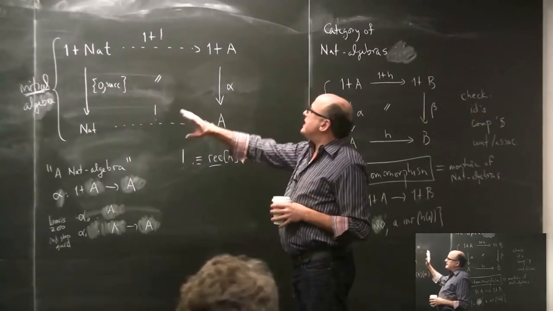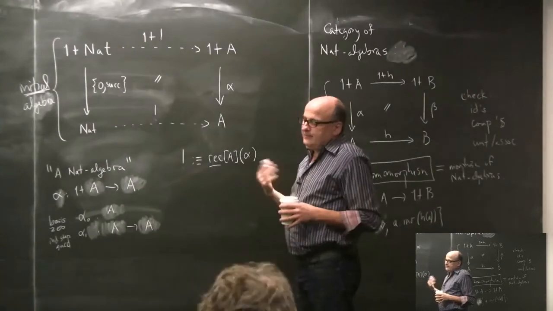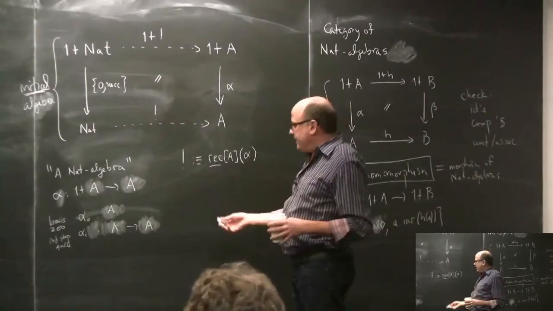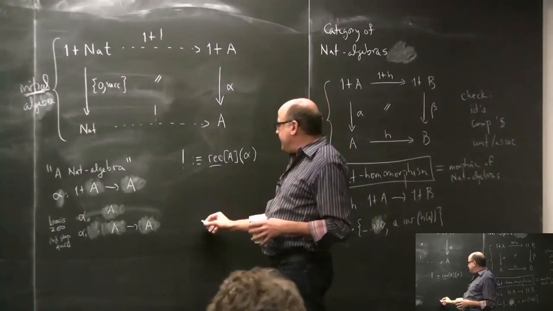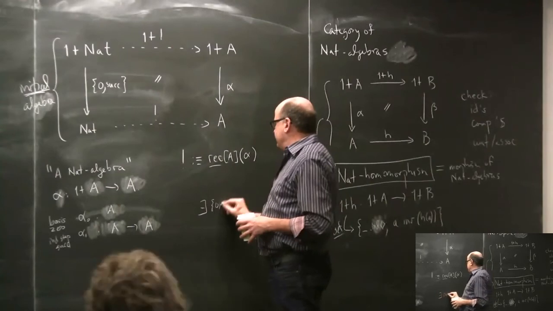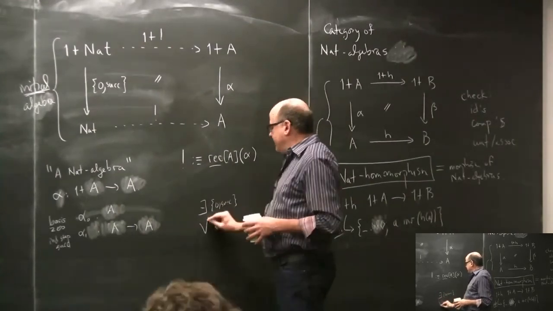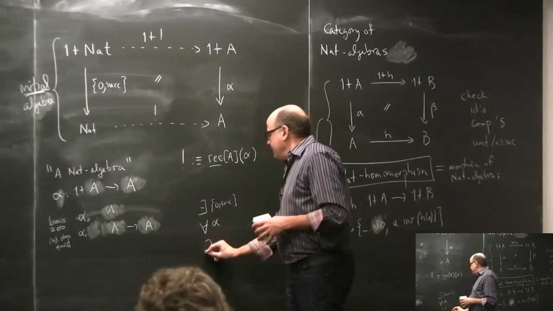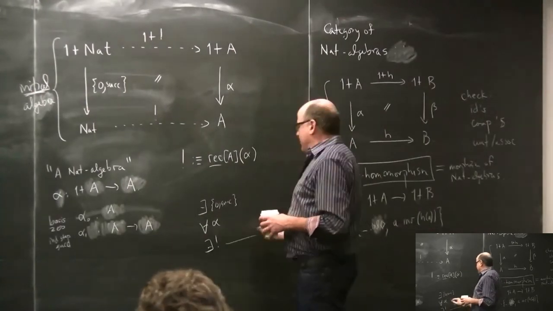These category theoretic diagrams have, for lack of a better way of saying it, a temporal ordering or a quantifier prefix. So what I'm saying is, there exists a thing, which is this zero successor, such that for every other thing, alpha, there exists a unique thing that has some properties.